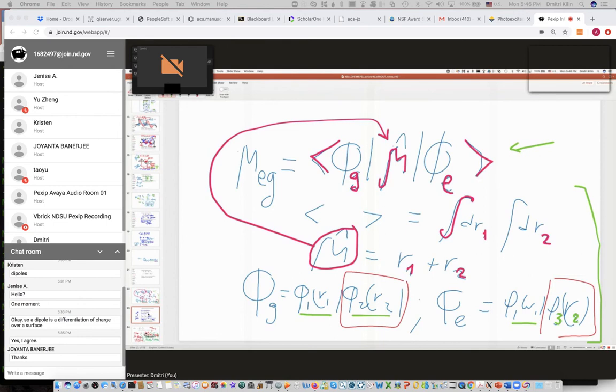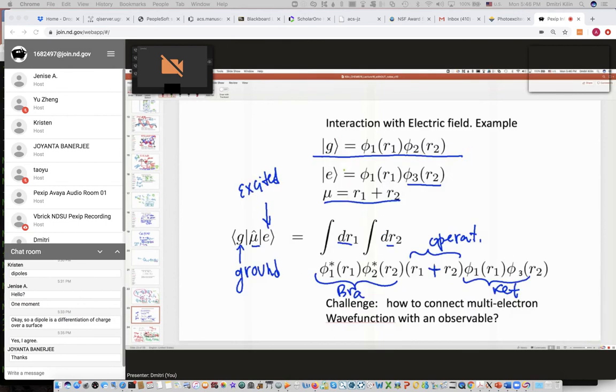Same things, just in better typing. So the matrix element: integrals over the position of the first and second electron, and then we have the bra and ket, and the operator in between. In the bra and ket, the first part of the product is the same, and the second part of the product is different.